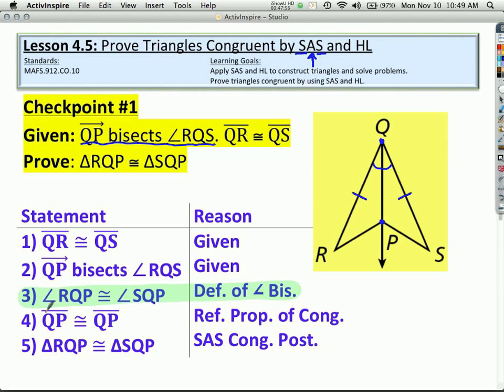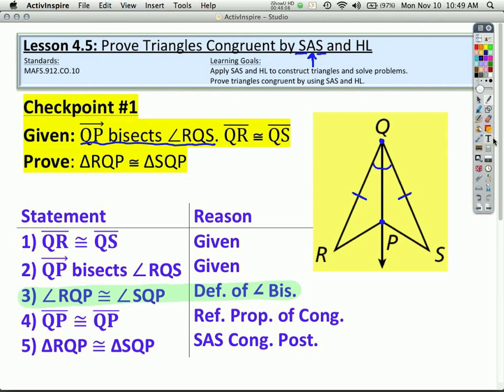So any comments, questions on checkpoint number 1? Yeah, I don't think side, side, side works, because I looked at the angle and I thought it was the angle RPS. Okay.